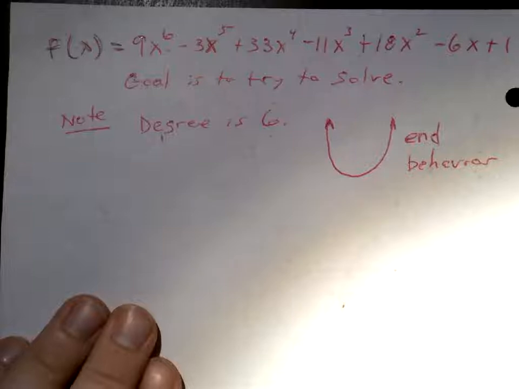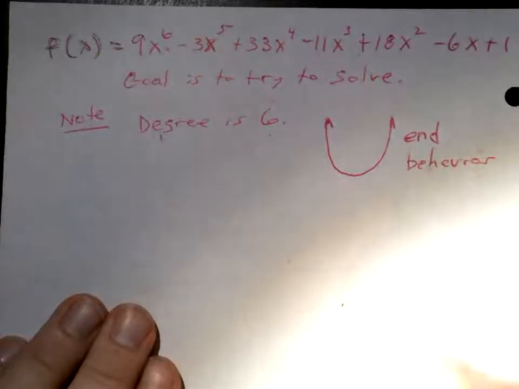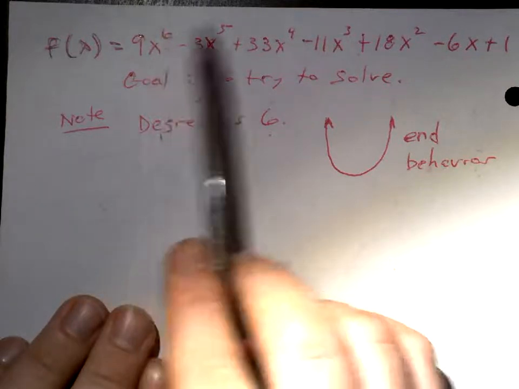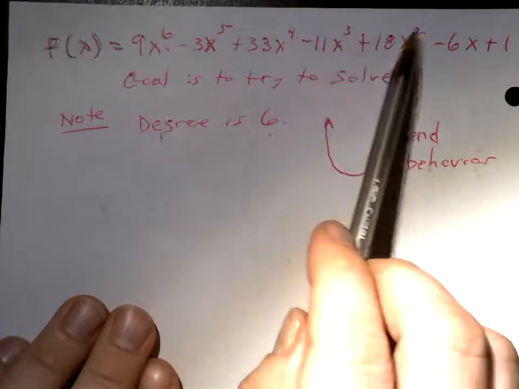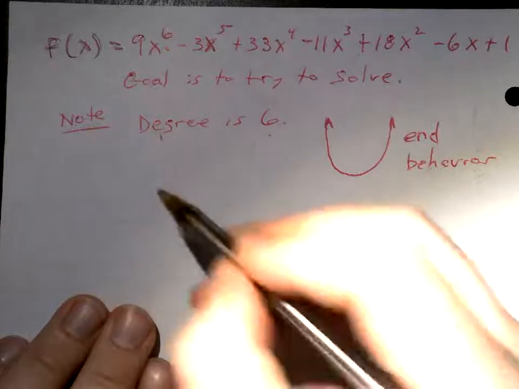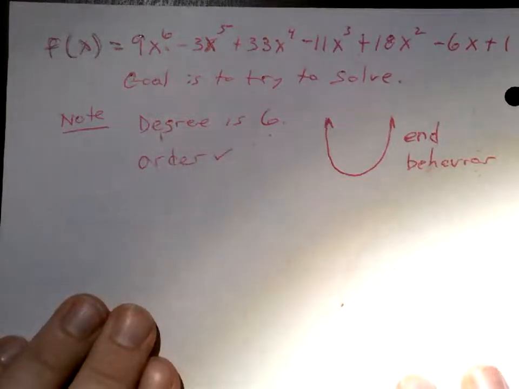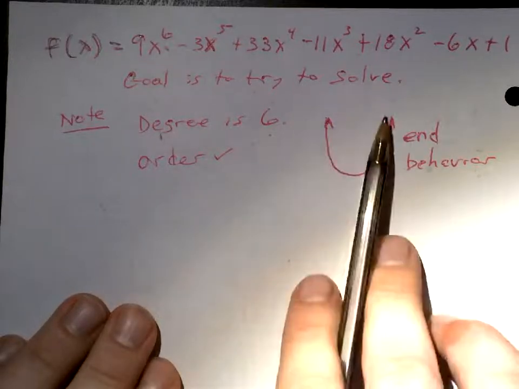Okay. Well, is that really it? Yeah, that's pretty much all you really can do. But the next thing is this in descending order: 6, 5, 4, 3, 2, 1. That's it. So that's in order. So order checked. All right. Well, that's really it. We can't really do a whole lot. We kind of know what the end behavior looks like.